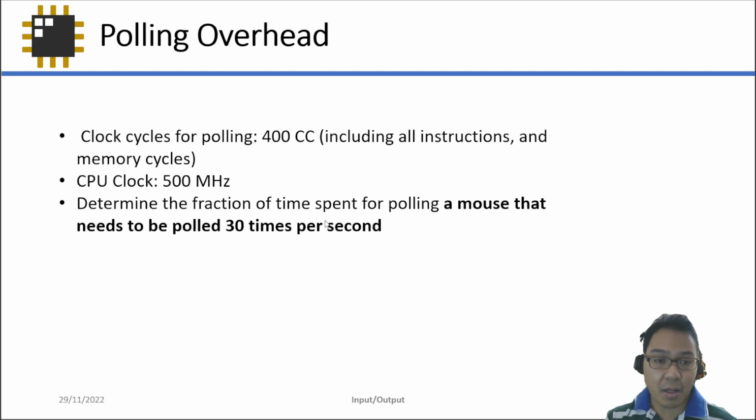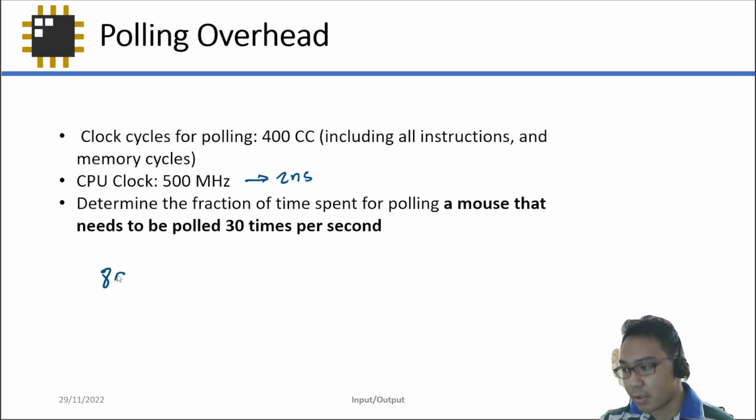If the mouse needs to be polled 30 times per second, and the CPU clock is 500 megahertz, which corresponds to a 2 nanosecond period. We use 400 clock cycles per polling, so 400 times 2 nanoseconds would be 800 nanoseconds spent per poll.